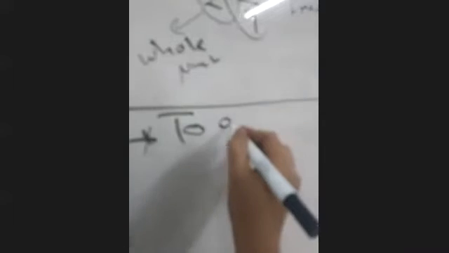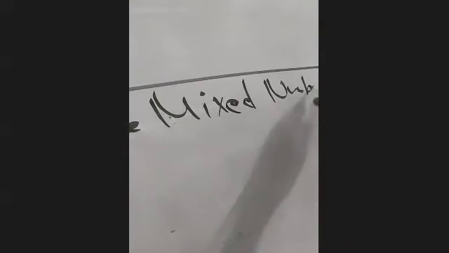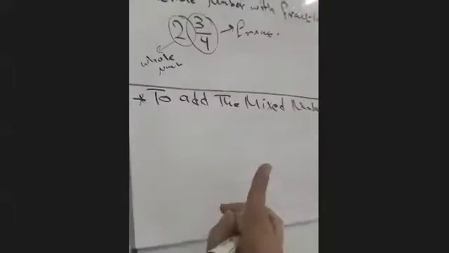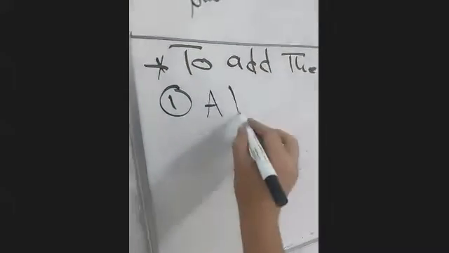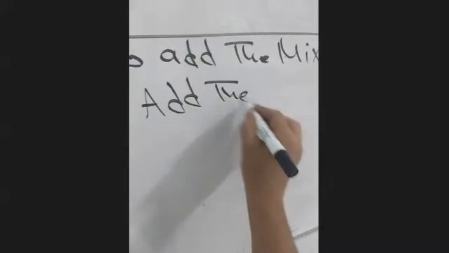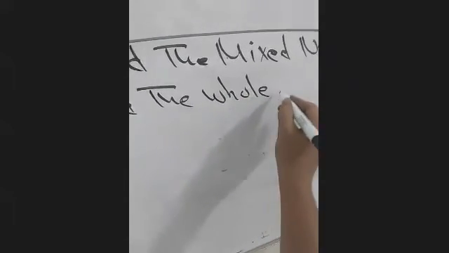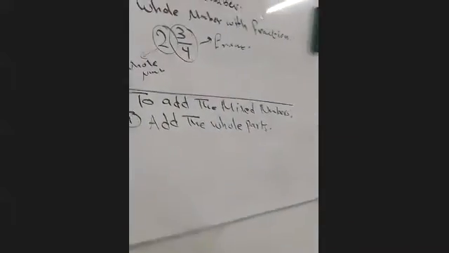Look here and focus with me, please, to understand the idea from the first example. To add the mixed numbers, look here, guys, and focus. It's important. To add the mixed numbers, first step, add the whole parts. So first step, we add the wholes together.